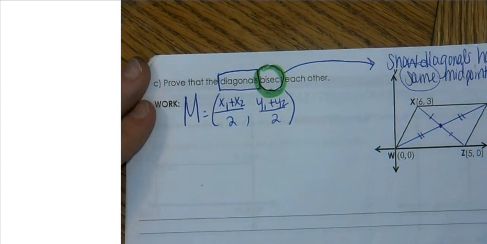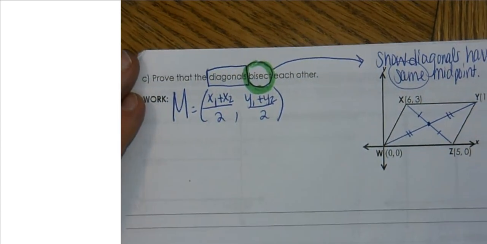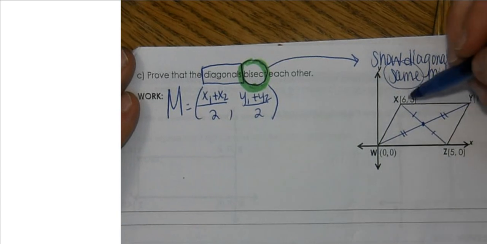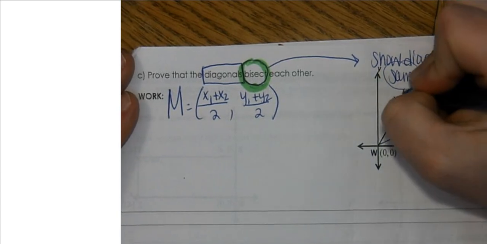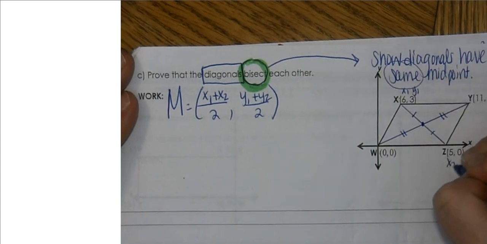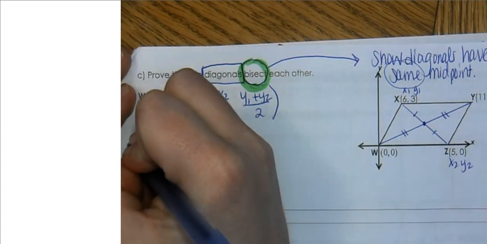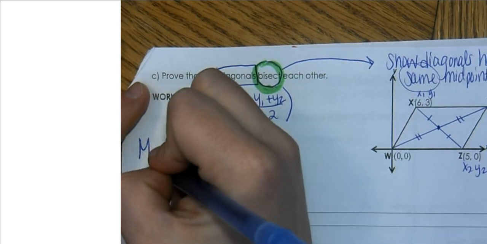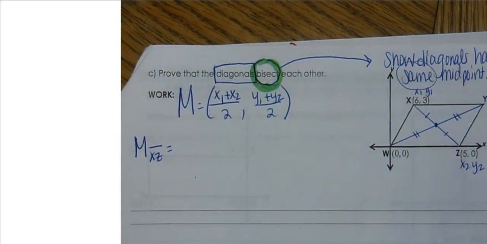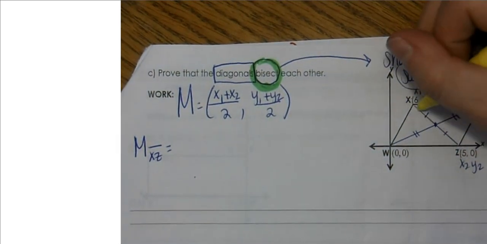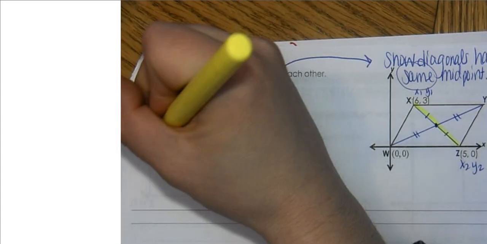So we're essentially taking the average of our x values and the average of our y values. So I'm going to label x1, y1, and x2, y2, and I'm going to put these values into my formula. So this is the midpoint of XZ. If that helps in terms of color, I'm going to be working with the yellow segment.